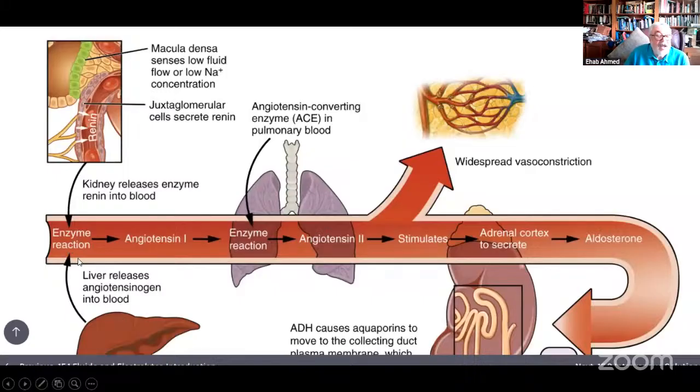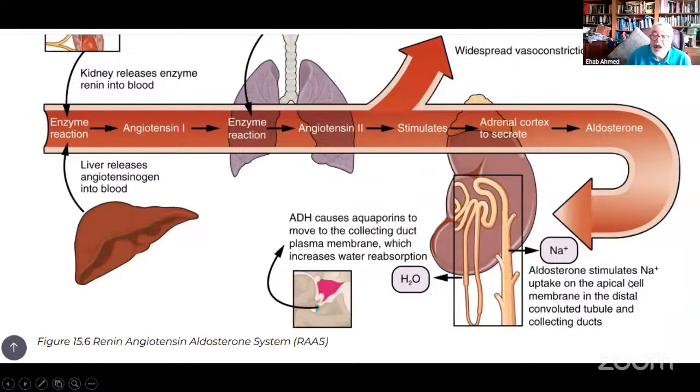Renin will convert angiotensinogen into angiotensin 1, and then the lung, through the angiotensin converting enzyme, will convert the 1 into 2, and angiotensin 2 will act on the blood vessels, causing widespread vasoconstriction, and will stimulate aldosterone secretion, which will help reabsorb sodium and secrete potassium.